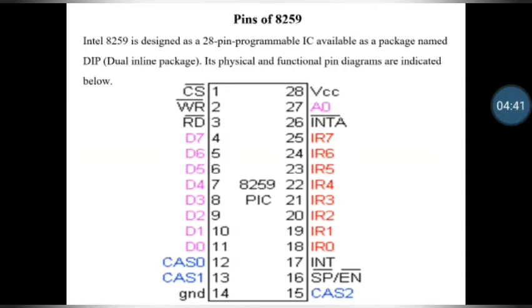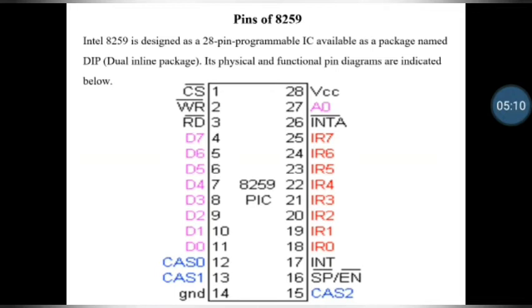In cascade mode, the master 8259 chip along with its 8 slave 8259 chips can provide 64 vector interrupt lines. These three lines act as select lines for addressing the slave 8259.